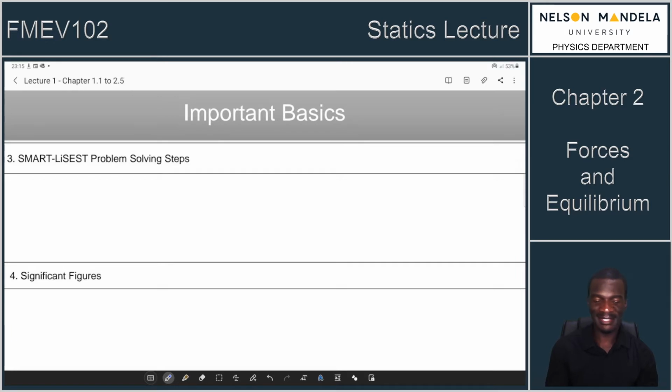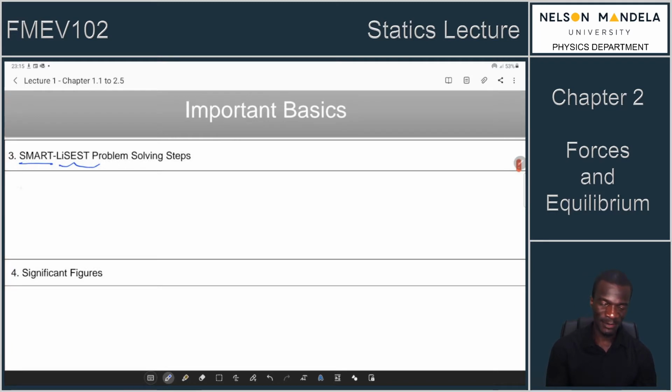This one is already described in the textbook, the SMART technique of solving problems. I usually like to simplify it. So basically, when you're solving your problem, you need to divide all these stages of solving the problem by, first of all, listing your given data.